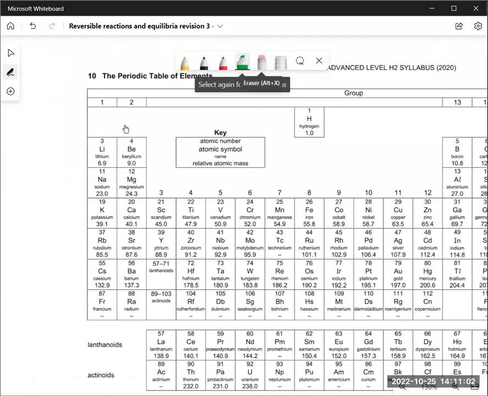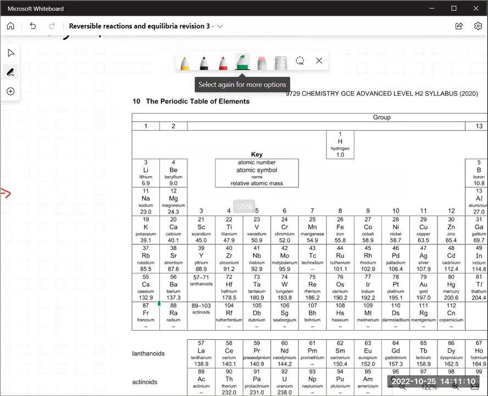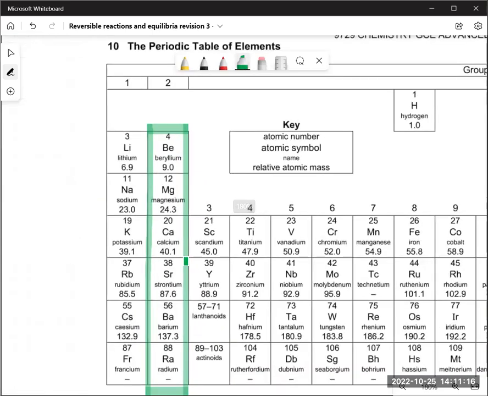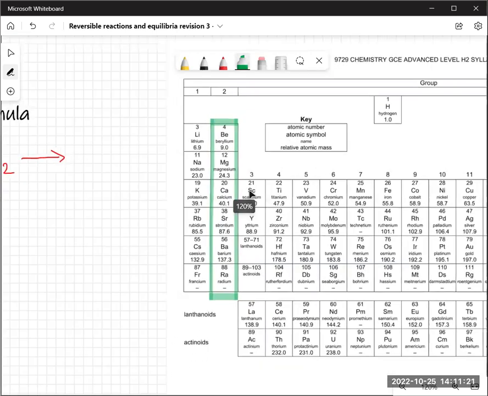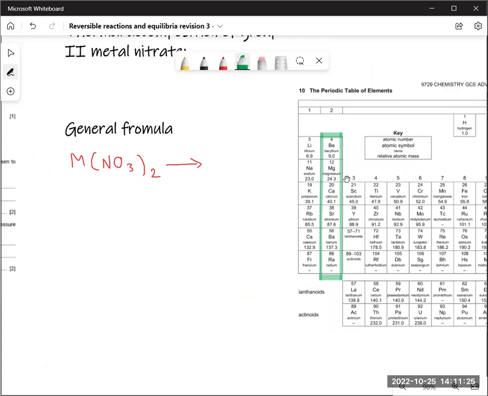Where is group 2? Group 2 is the second group: beryllium, magnesium, calcium, strontium, barium, radium. You don't have to memorize it. Those are group 2 metals.